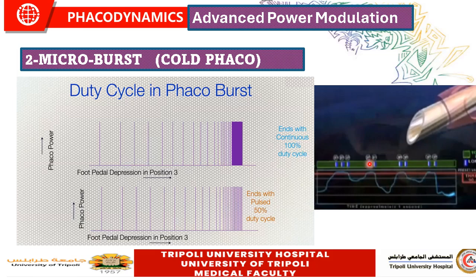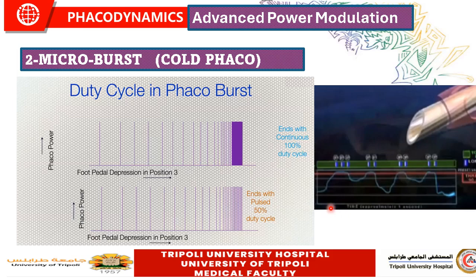Once the burst is delivered, the fragment will be dislodged and absorbed by the phaco tip, so the vacuum will drop down. Again, when there is total occlusion, the vacuum will be elevated, and another small burst of ultrasound will be delivered here. So this is one application of the microburst mode in the intelligent phaco handpiece invented by Alcon company.